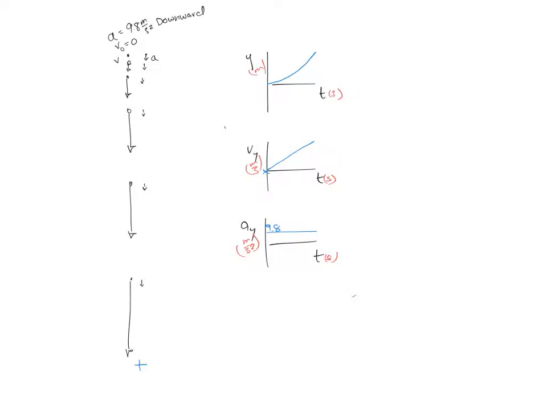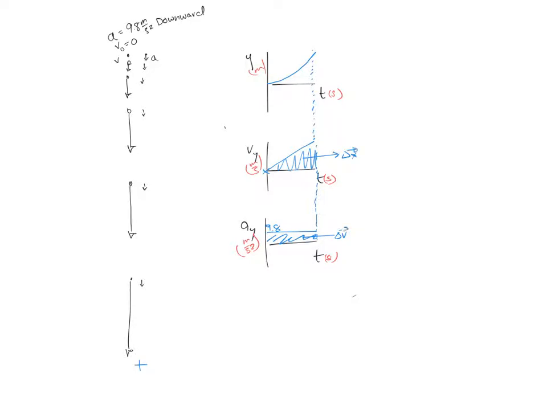Now, what do we know? We know 80 meters is how far it falls. So maybe I'll make this dotted vertical line, and I'll just say, this area here is my change in velocity. This area here is my change in position, because that's a velocity graph's area.